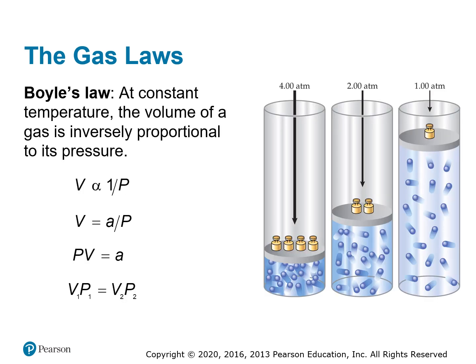Now we're going to talk about the gas laws. One very important gas law is Boyle's law, and it says that at constant temperature, in an experiment done at the same temperature, the volume of the gas is inversely proportional to the pressure.